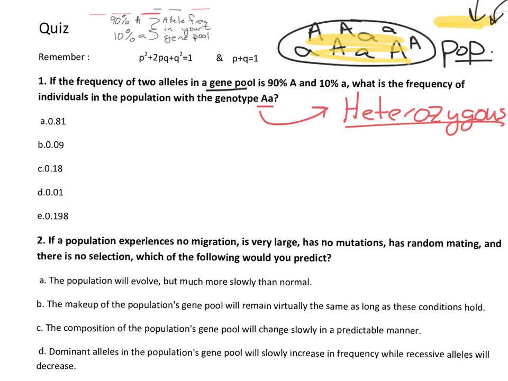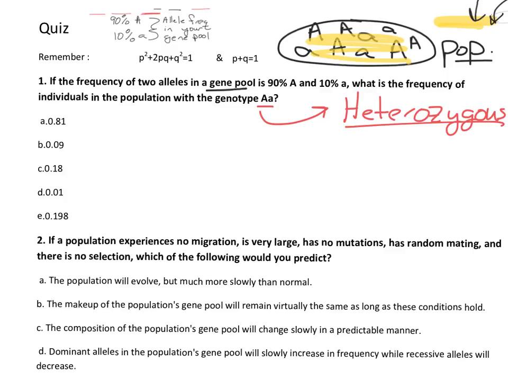All right. I'm not going to use your names because I'd rather not embarrass anyone. What did you say? So you're saying to take 0.9, where'd you get 0.9 times 0.1? 0.9 is the P, 0.1 is the Q. So you're saying take 0.9 and multiply it times 0.1, and that's going to give you 0.09.